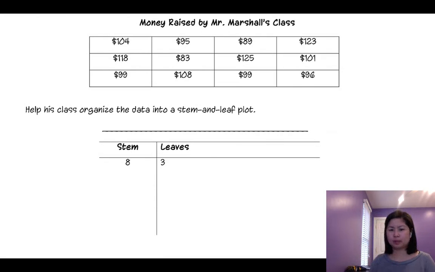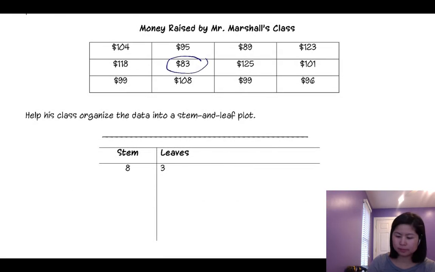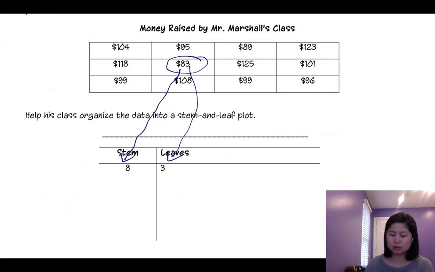Okay. All right, so if we look at this one, the first one is already started for you. We start with the lowest value, which is 83. So the 8 goes to the tens, and the 3 goes to the leaves.